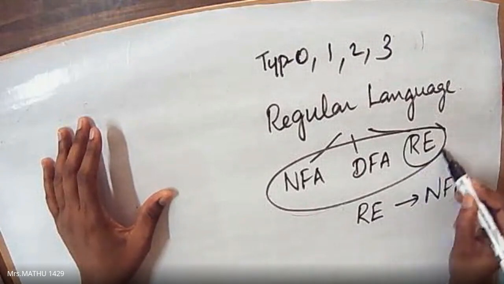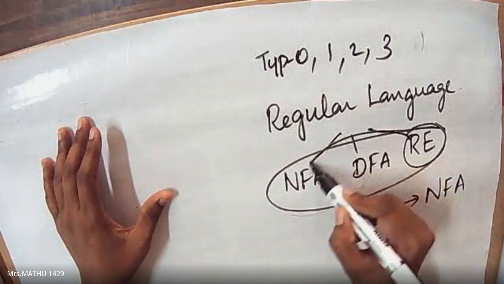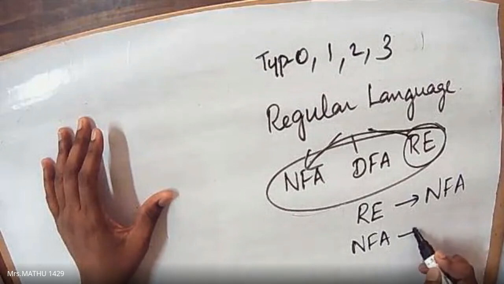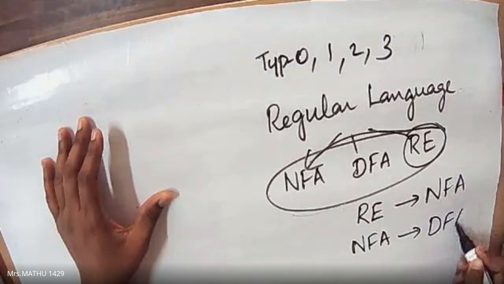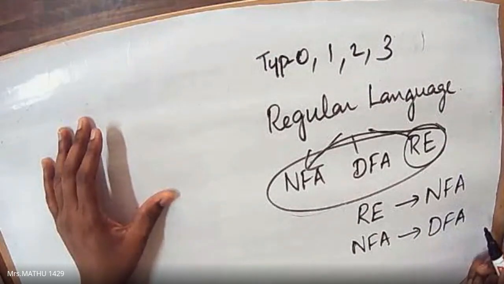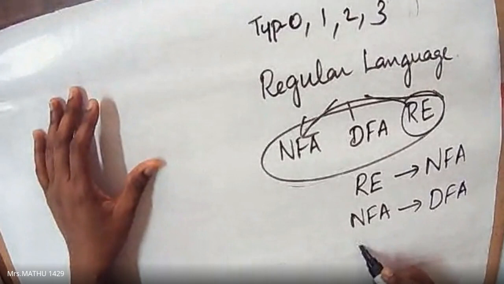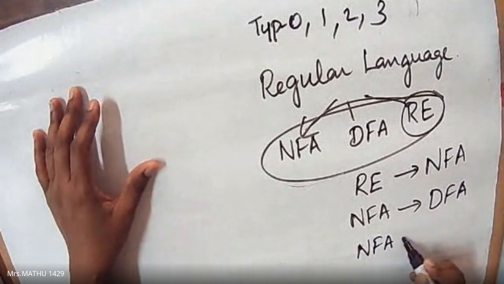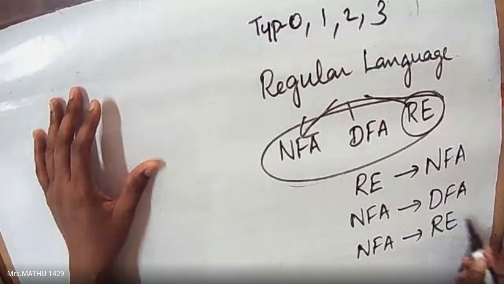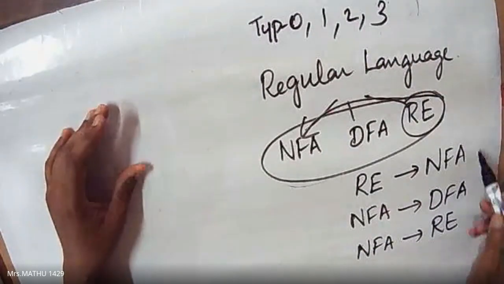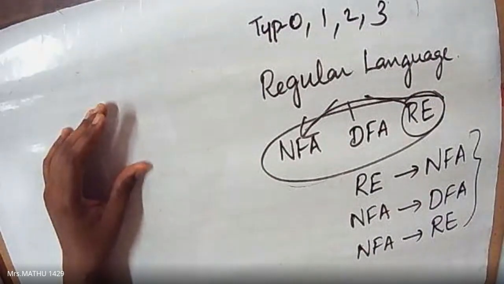When a regular expression is given, it can be converted into an NFA, and when an NFA is given, it can be converted into a DFA. And when an NFA is given, that can also be converted into a regular expression. So the different conversions we are going to study.